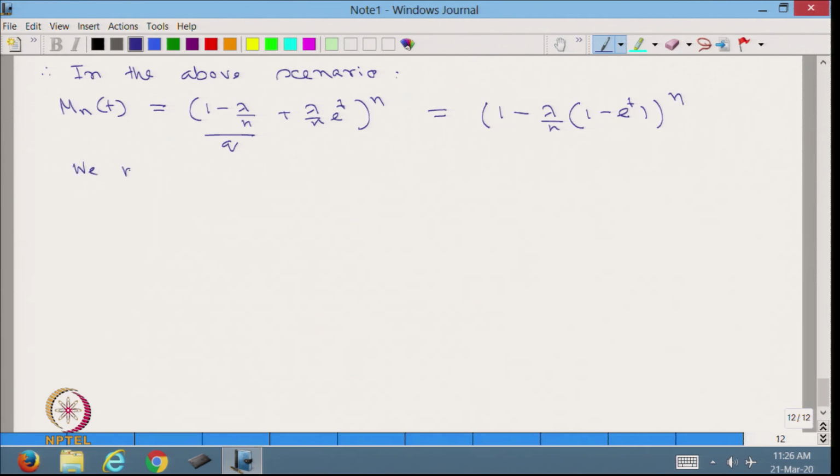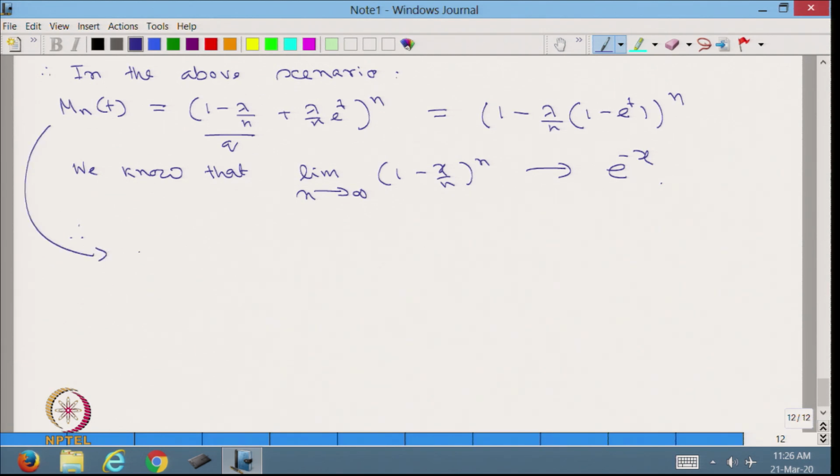We know that the limit as n goes to infinity of (1 minus x by n) whole to the power n converges to e to the power minus x. Therefore, this M_n(t) converges to e to the power minus lambda into (1 minus e to the power t).